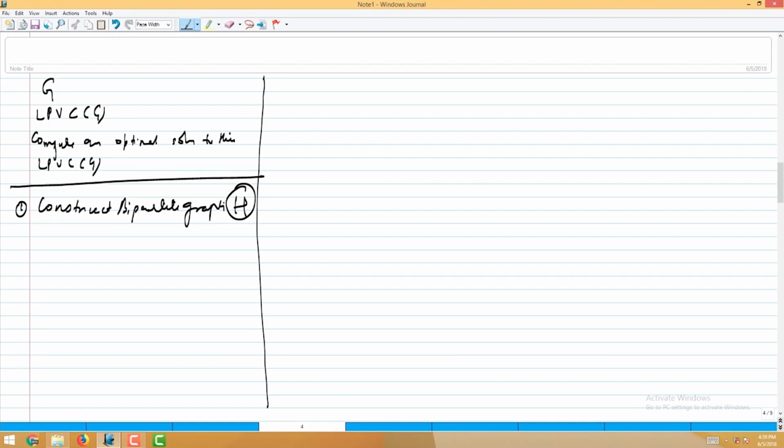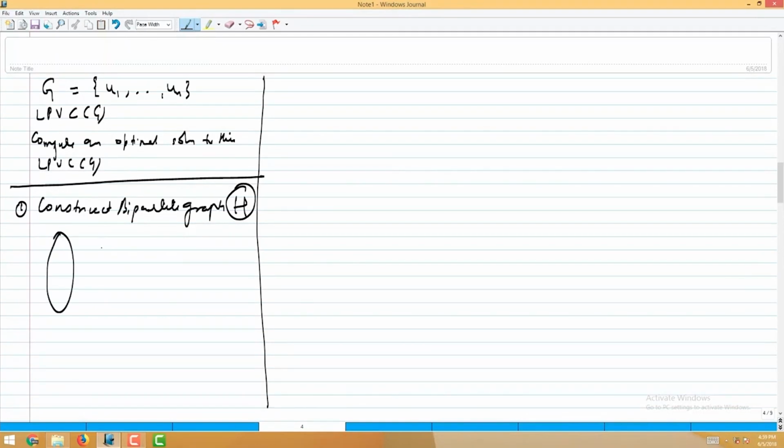To do this I'm now giving you an algorithm to compute an optimal solution to this LP. The first step is I'll construct a bipartite graph, and I'll tell you what that bipartite graph is. I'll call that bipartite graph H. So what is H?